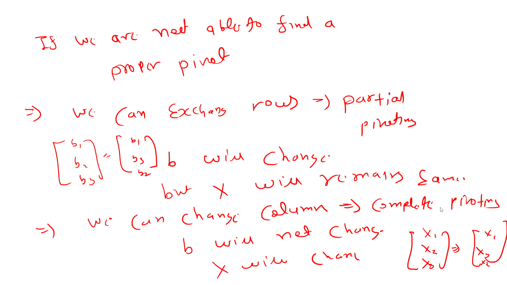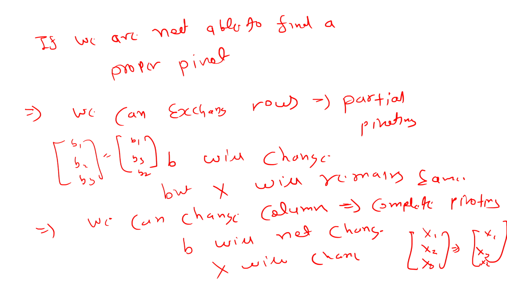So you must remember that if we are not able to find a proper pivot, that means the diagonal element has become 0, then we need to exchange the rows in such a way that the diagonal element becomes non-zero. That is basically the idea behind finding a pivot. To find a pivot, we need either partial pivoting or complete pivoting. In partial pivoting, B changes and X remains in the same order.